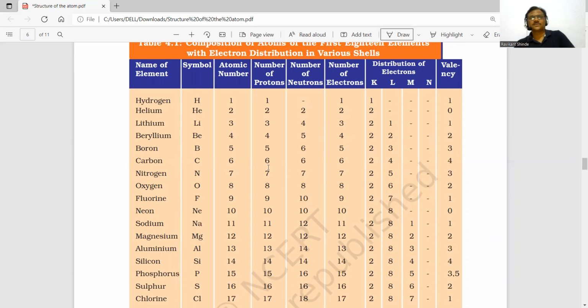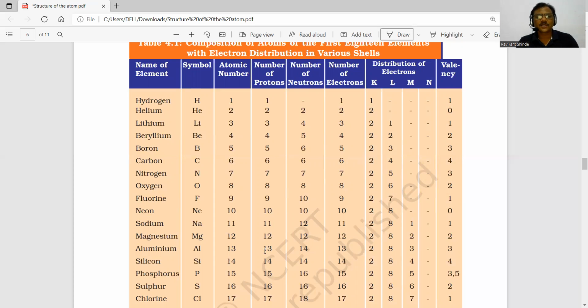I am telling you, the atomic number is given. Atomic mass depends upon the number of neutrons. It's the addition of the number of neutrons plus protons. So oxygen 16, fluorine 19, that is 9 plus 10. Neon is 20. Sodium, 12 plus 11, that is 23.